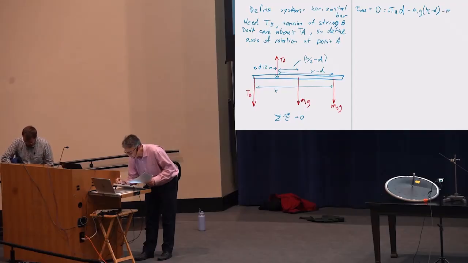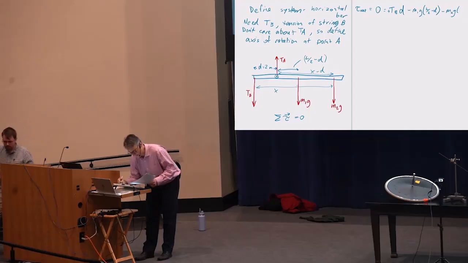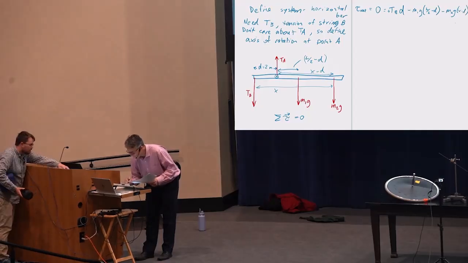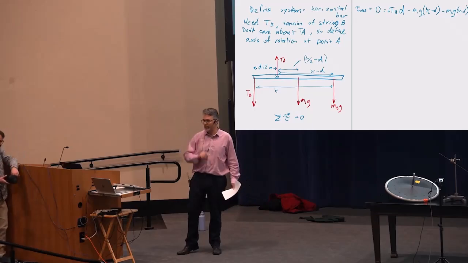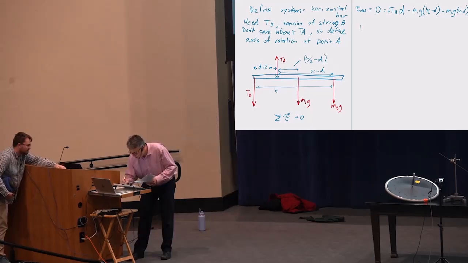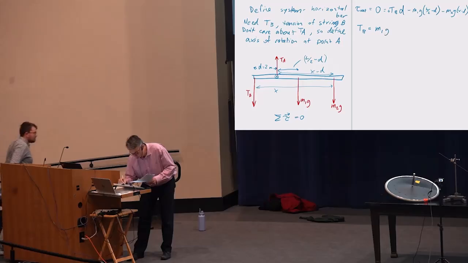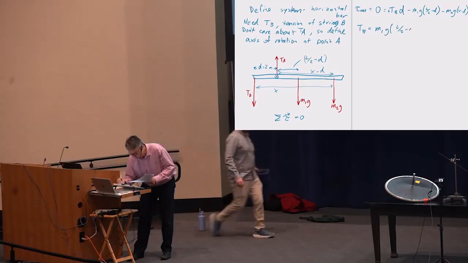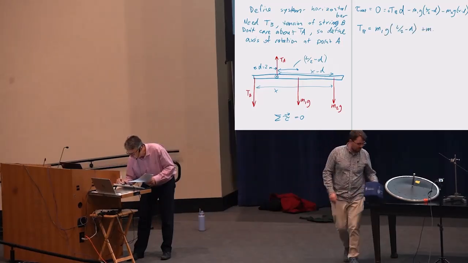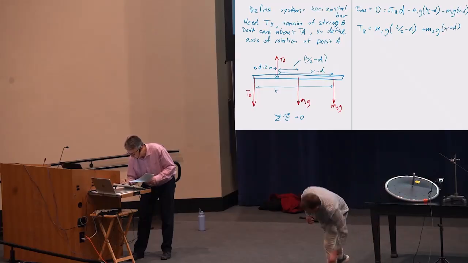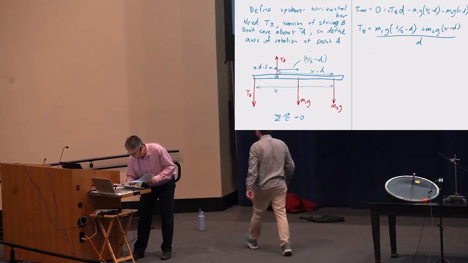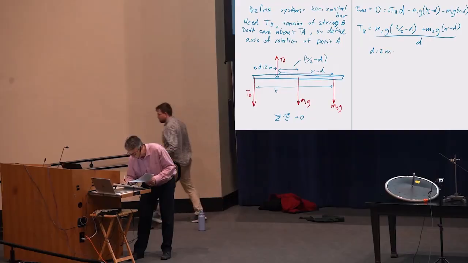And then minus M2G times X minus D. Okay, and then there's no torque from string A because it's at the pivot point. So now rearrange to solve for TB. I've got M1 times G times L over 2 minus D, plus M2 times G times X minus D, all divided by D.